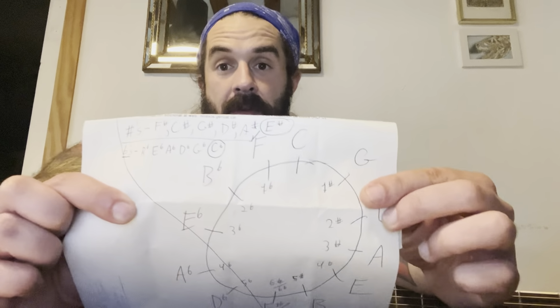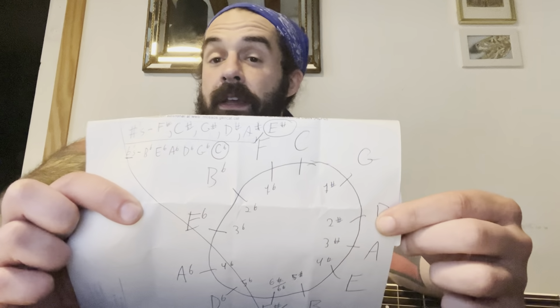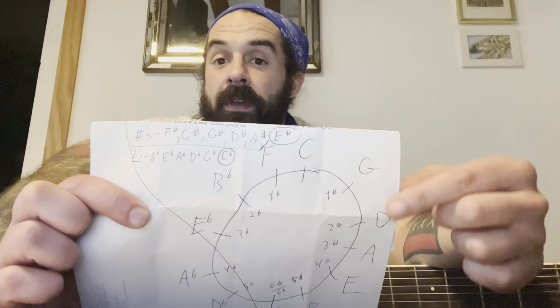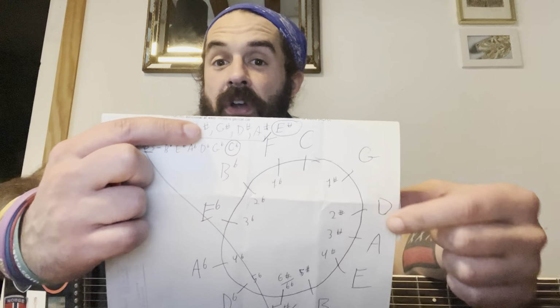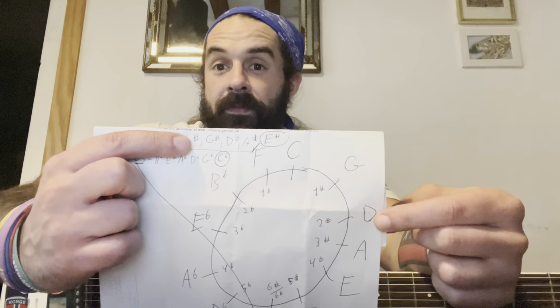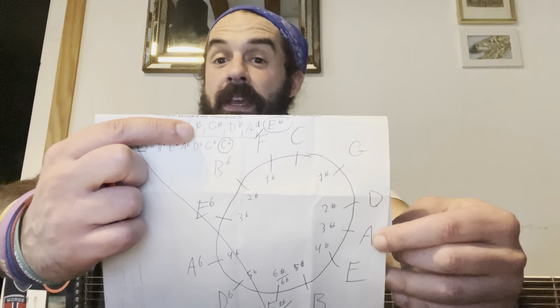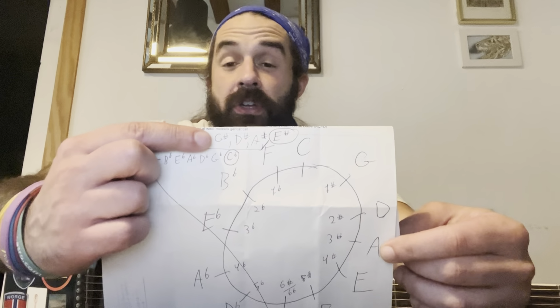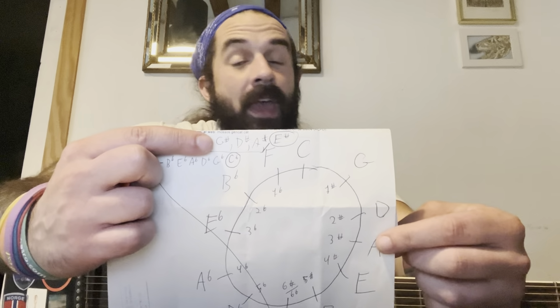That's my seventh degree of G, and that's the sharp. It's going to continue with that pattern. If I move down here, D, now it holds the F sharp, and then it adds the C sharp, which is the seventh of D, okay? So now if I move here, it takes the F sharp and the C sharp, and then it adds the G sharp, which is the seventh of A.